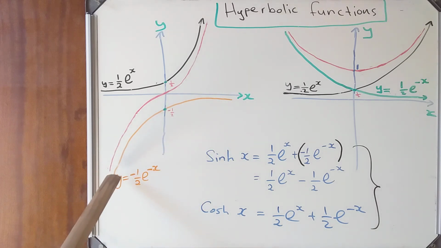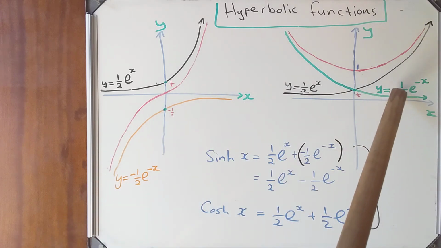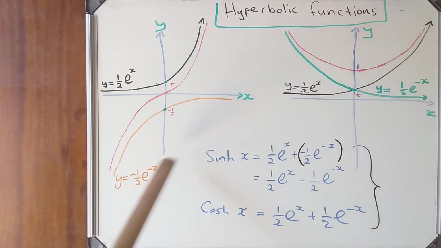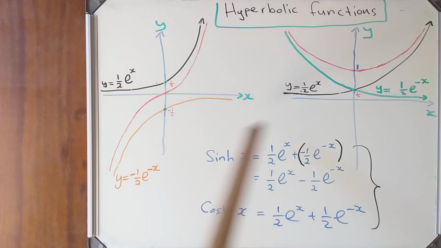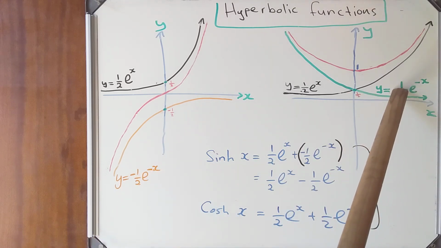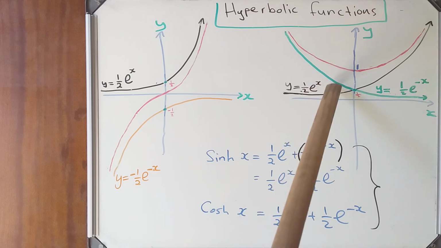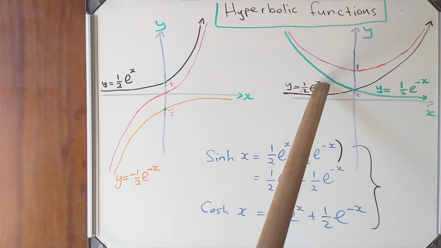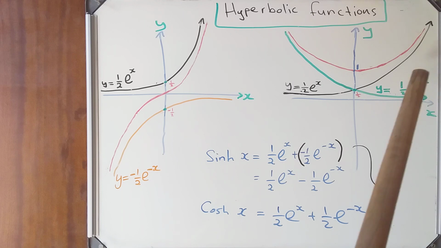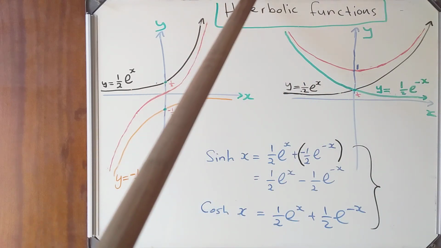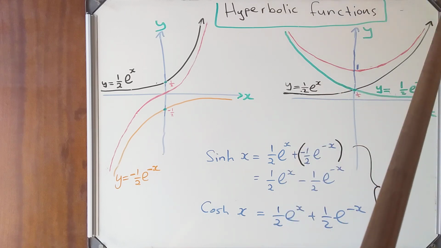We reflect this green one, which means it will be negative now. Y is downwards, negative y. That one is a positive y, but the x has been reflected, which means it's going in the negative direction. This one is in the positive x direction.